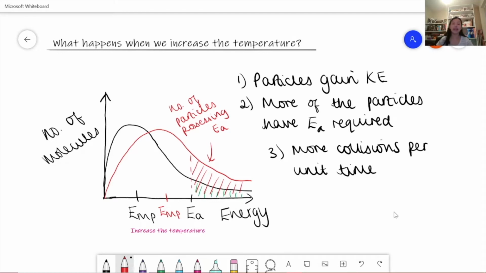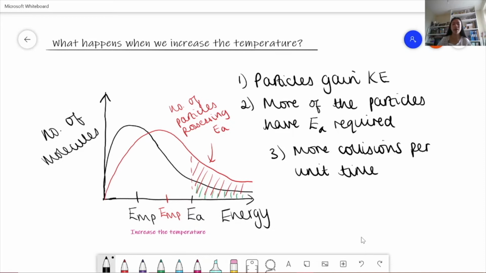So the three things you need to remember are that when we increase the temperature, the particles gain kinetic energy, so there are more collisions per unit time, and therefore more of the particles collide with each other, and also more of the particles then possess the activation energy required because they get more energy from the rising temperature.